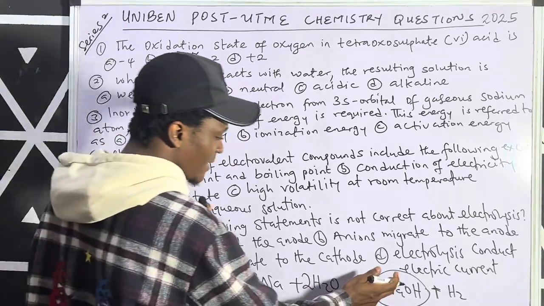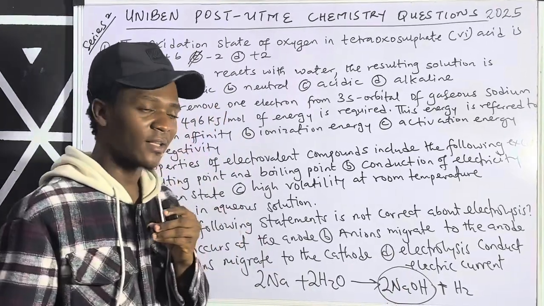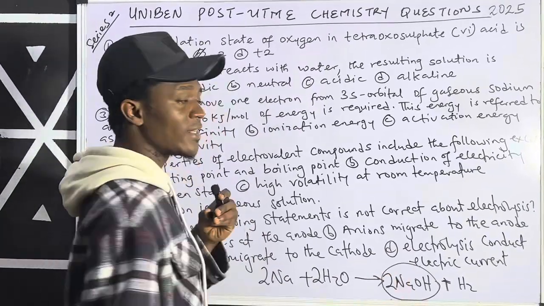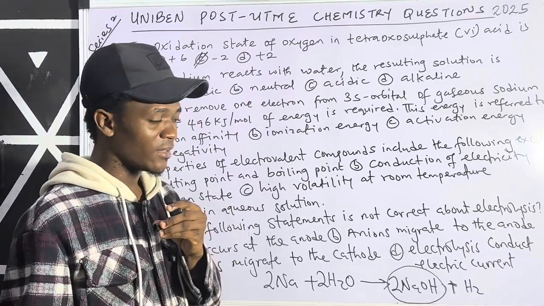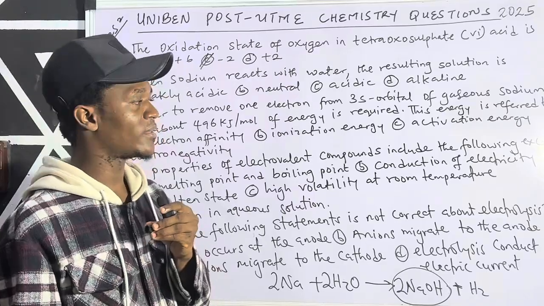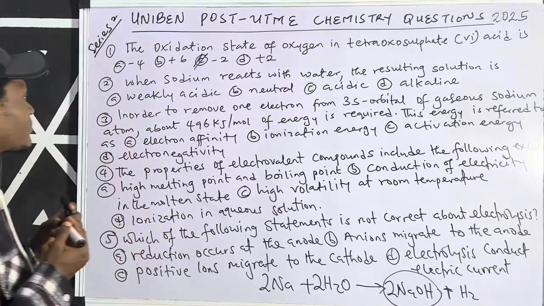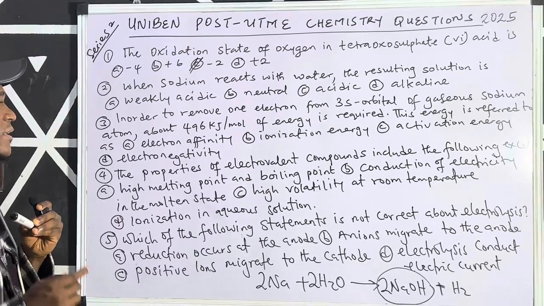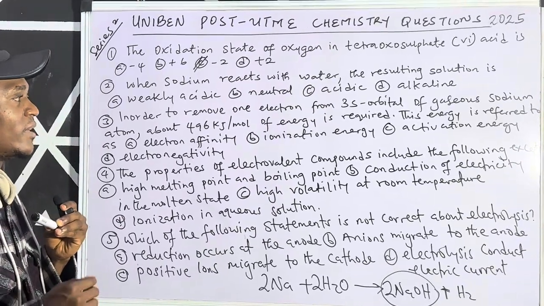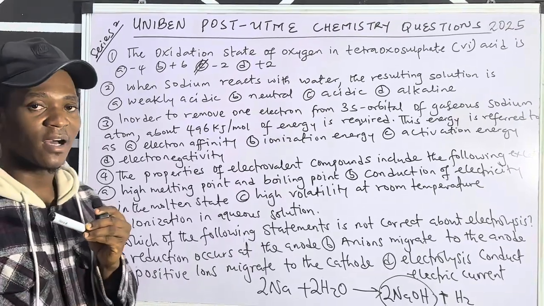So let's get the nature of this compound. Now the nature of sodium hydroxide, is it an acid or is it a base? Is it acidic or is it basic? Now let's check the options. In the options, we are having option A as weakly acidic, then B neutral, C acidic, and D alkaline.